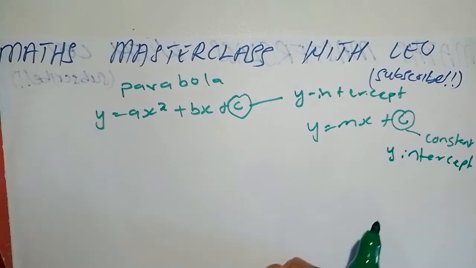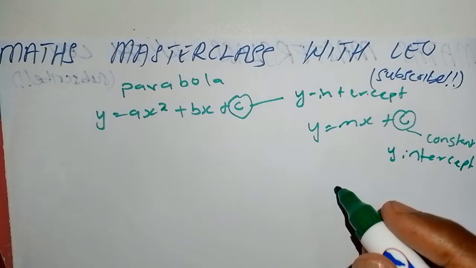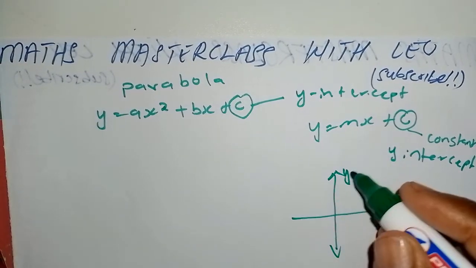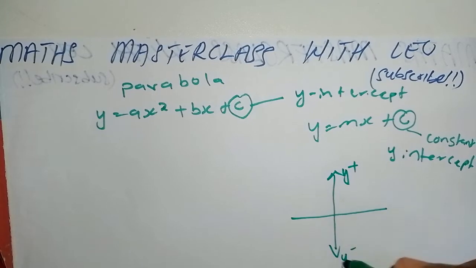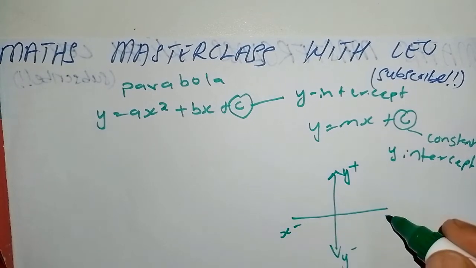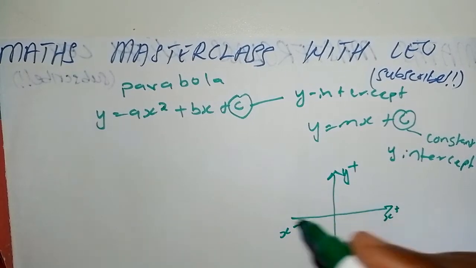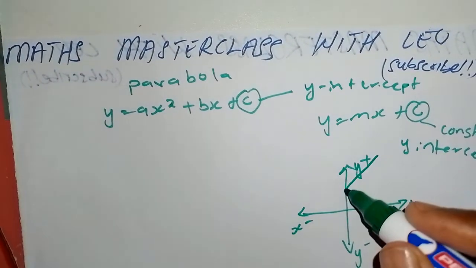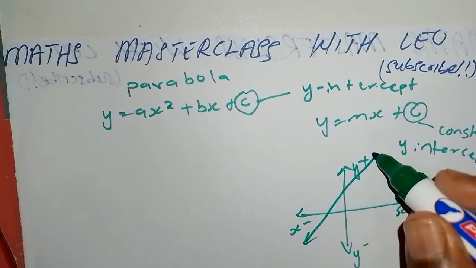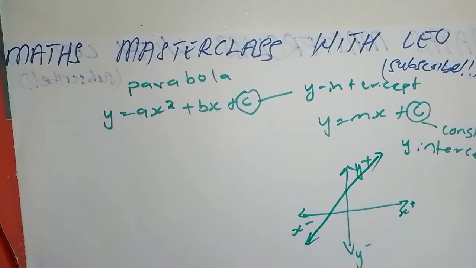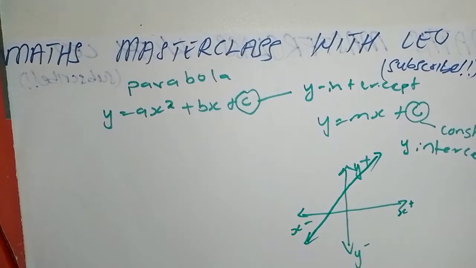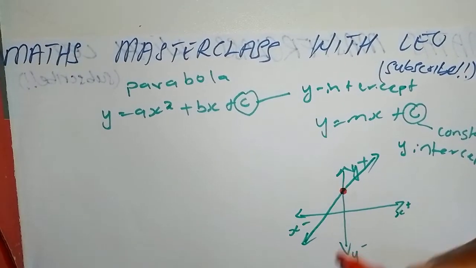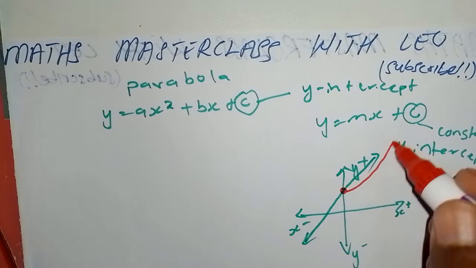Some of you might be asking, what is a y-intercept? If I have a graph like this, this is my y plus, my y minus, my x minus, and my x plus. If my graph touches here, this point is the y-intercept. This point represents the value of c.